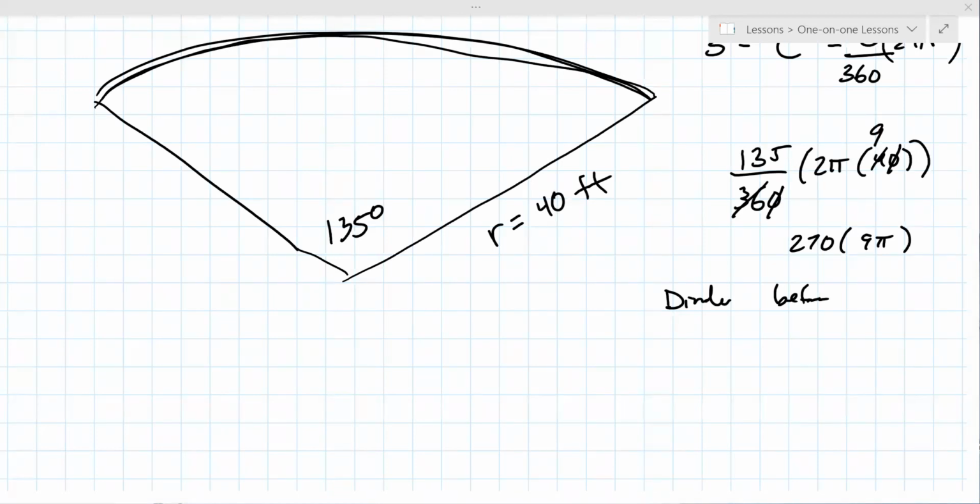You can use a calculator at any step, but this is... What I got was 2,160 pi.